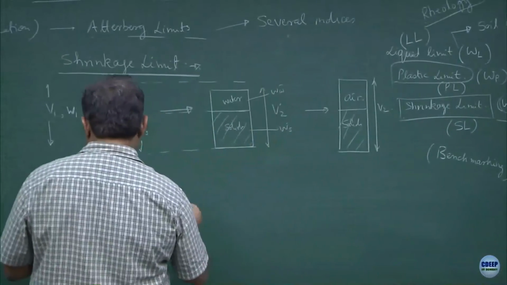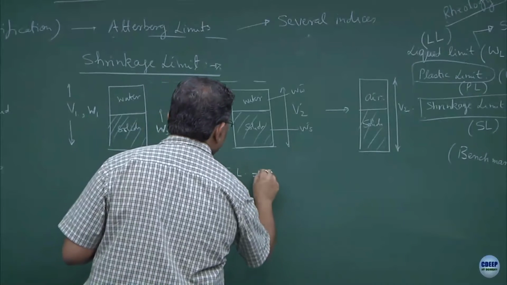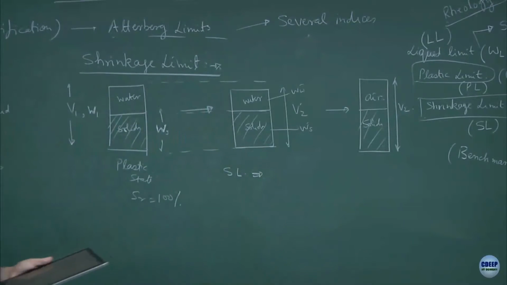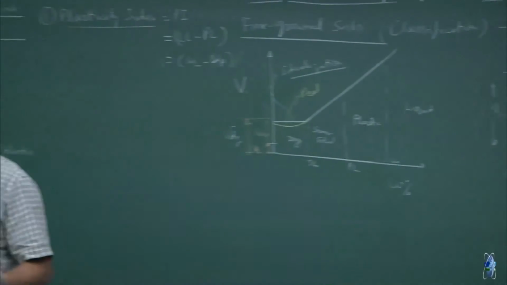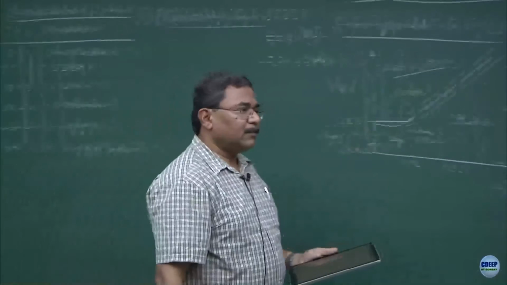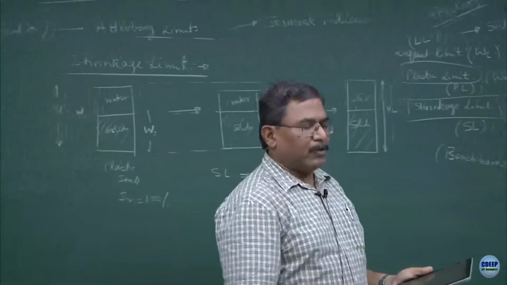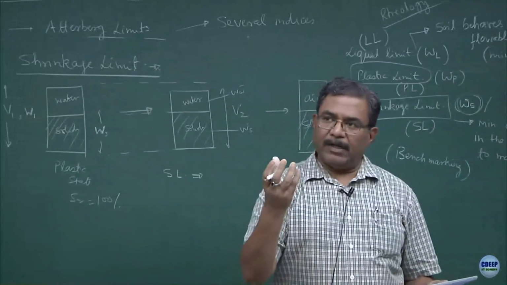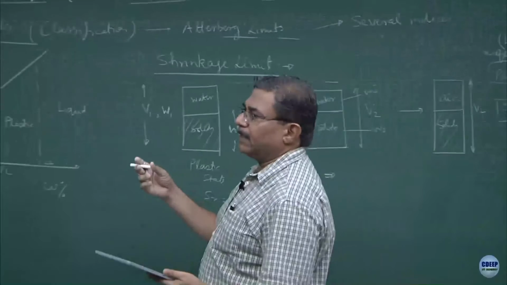and if I define the shrinkage limit as SL, there are two philosophies of defining the shrinkage limit. One is weight wise, another one is volume wise. I am sure in your laboratory they will ask you to use the mercury column, what is known as mercury displacement.